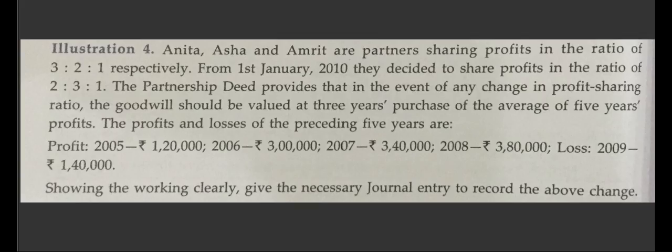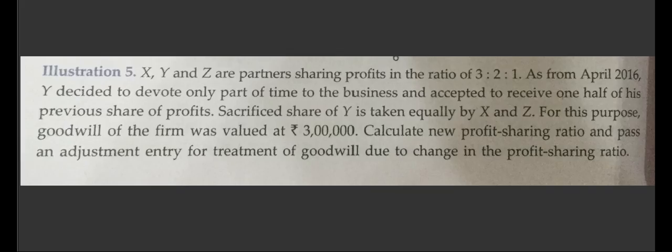So let's see the next practical problem. X, Y and Z are partners sharing profits in the ratio of 3:2:1. As from April 2016, Y decided to devote only part of his time to the business and accepted to receive 1/2 of his previous share of profits.